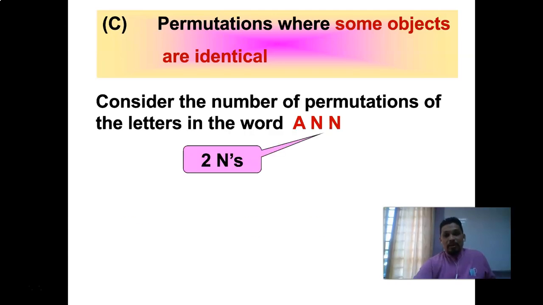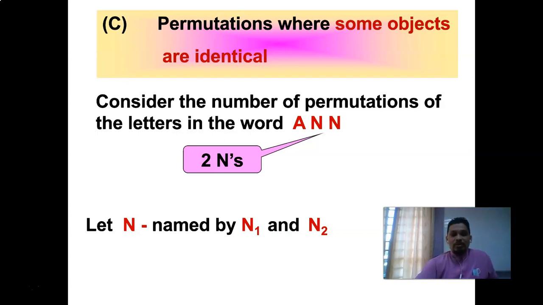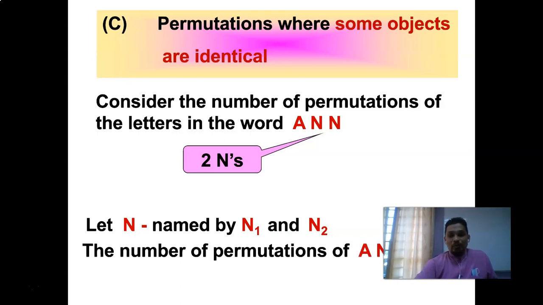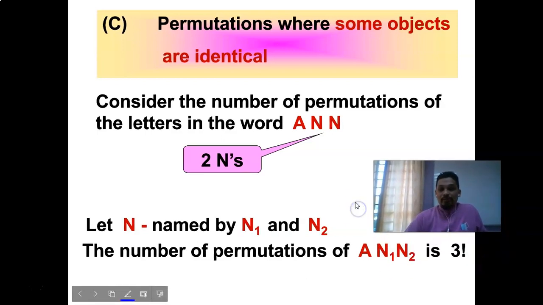Now, some objects are identical. So consider the number of permutations of the letters in the word ANN. The 2 N's we consider as N1 and N2, and the number of permutations of this is 3 factorial.